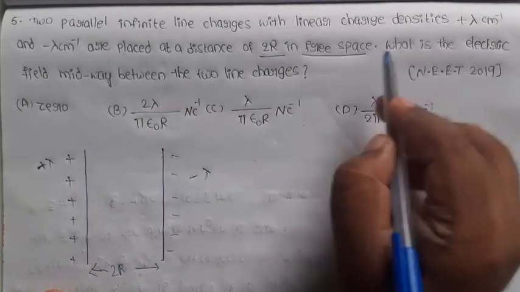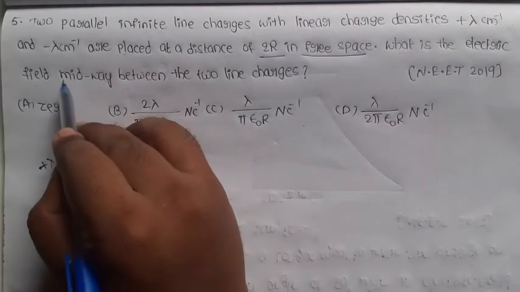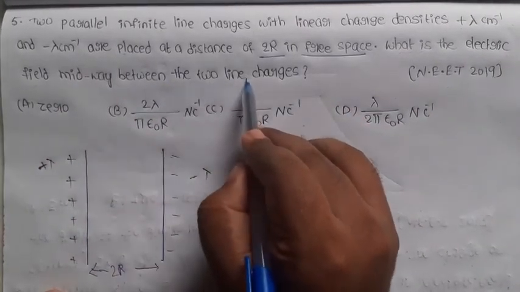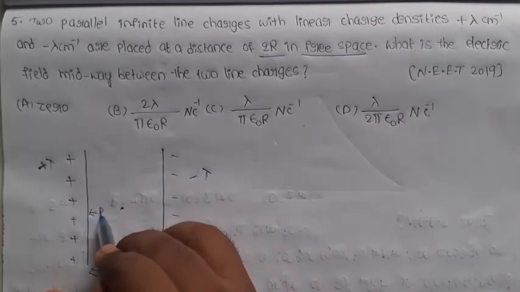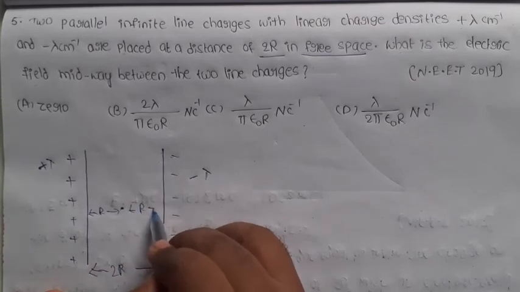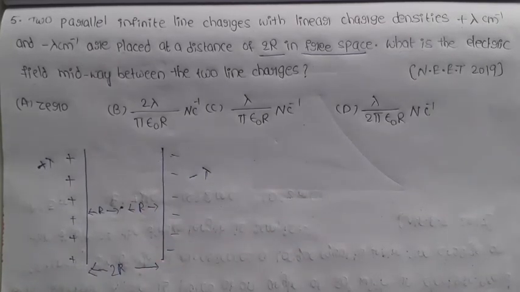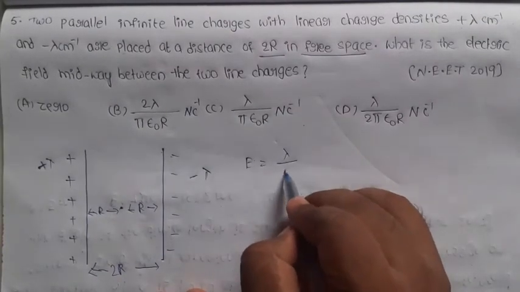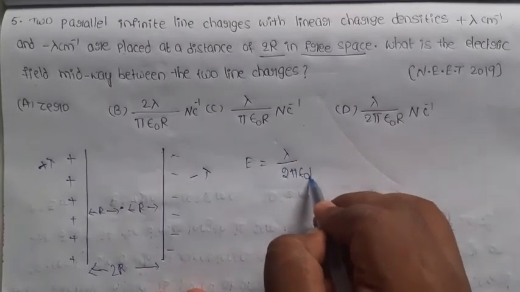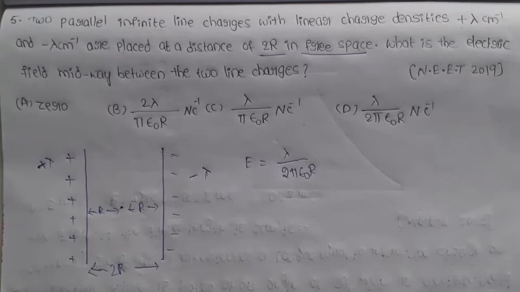In free space, what is the electric field midway between the two line charges? Midway means this point, so the distance from each line is r. We know the electric field E equals lambda by 2 pi epsilon naught r, where lambda is the density, 2 pi epsilon naught is the constant, and r is the distance.